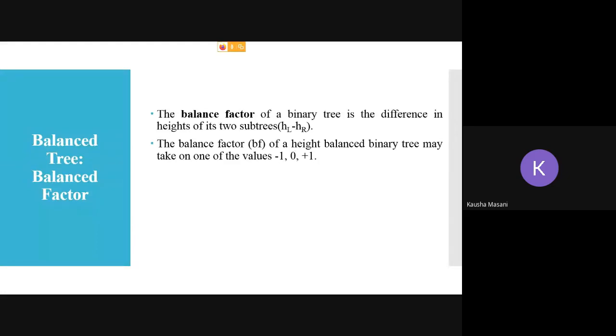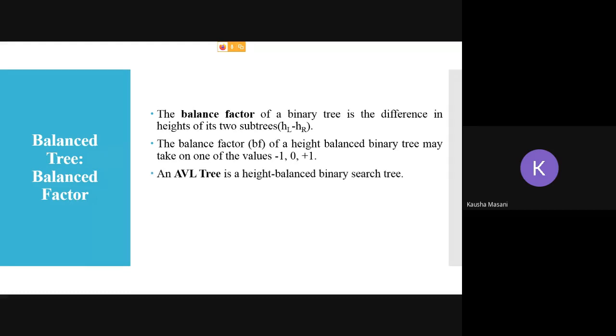If the range goes out, it is either 2, 3, 4, 5, or it is going out on the left side, that is -2, -3, -4, like this. Then you have to rebalance. Okay, you have to keep this balance factor such that the values are -1, 0 and 1.